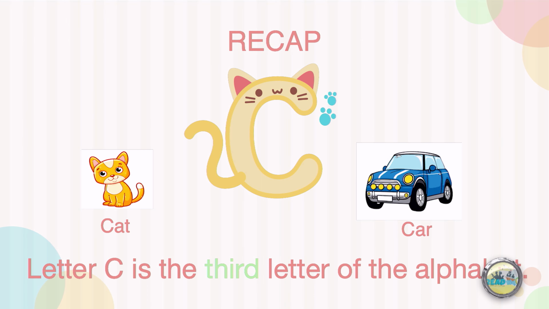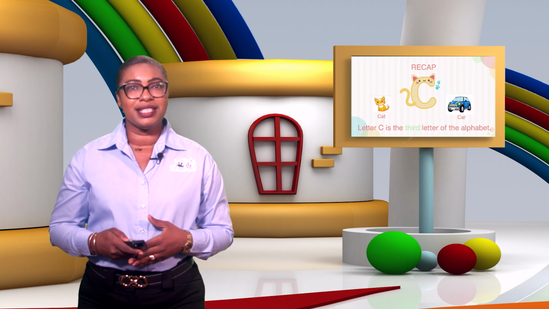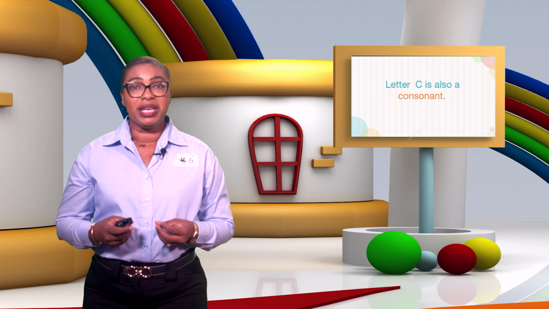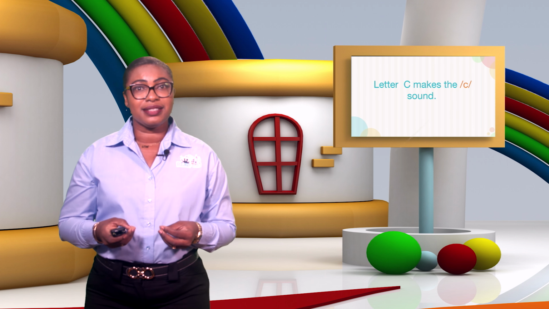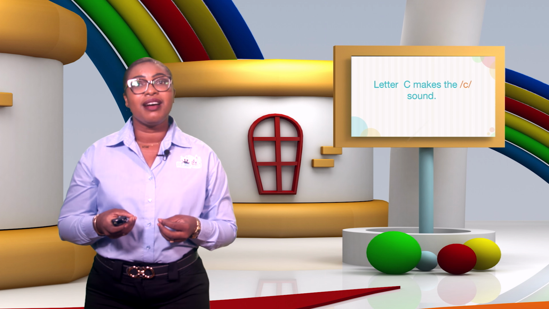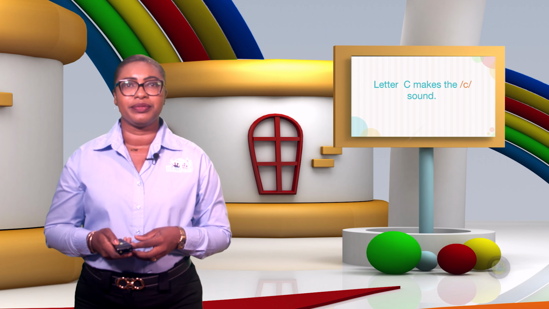We also learned that letter C is the third letter of the alphabet. Letter C is also known as a consonant. It makes the sound k, as in cat, k, as in car, k, as in caterpillar.